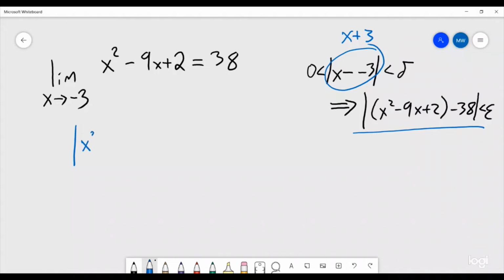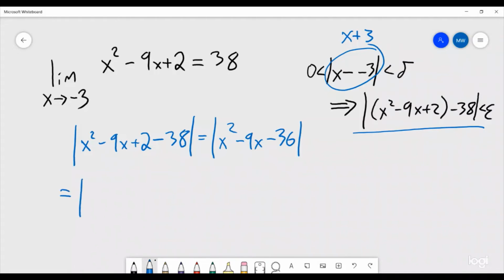So we have x squared minus 9x plus 2 minus 38. That's the same thing as x squared minus 9x minus 36. And we want to try and factor out an x plus 3. Let's see, x plus 3 would give us an x minus 12 as the other factor. Is that actually going to be valid?